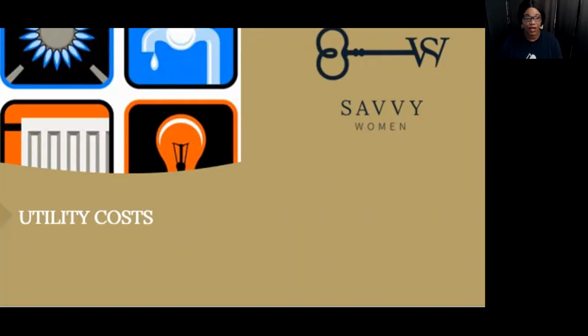So make sure you understand your utilities. And if you are the one that is covering it, make sure that you can reduce that cost by getting free quotes from different suppliers and reducing it by putting in meters so you can monitor it, and also letting your tenants know that cost savings on the utilities will also help them as well.